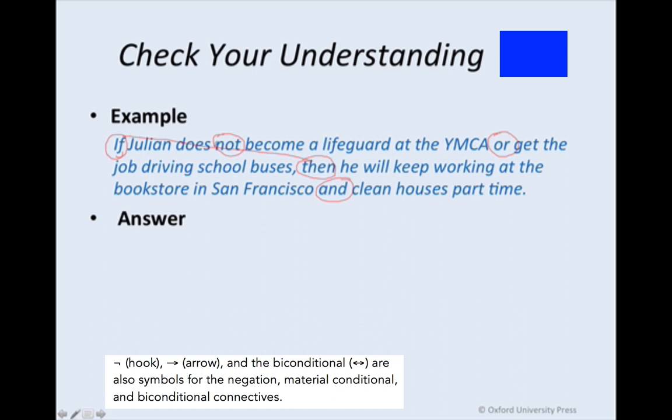The reason why I drew the line from the if to the then is because what is in between the if and the then is going to be on the left side of the horseshoe. That means that all of this stuff, there's a negation and a disjunction, all of this is going to be on the left side of the horseshoe. I also can tell that this comma is going to play a role in what parts of the compound sentence go together to serve as a unit.